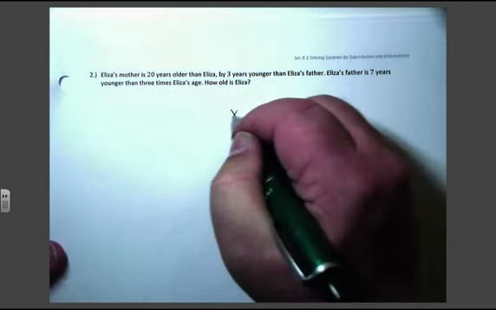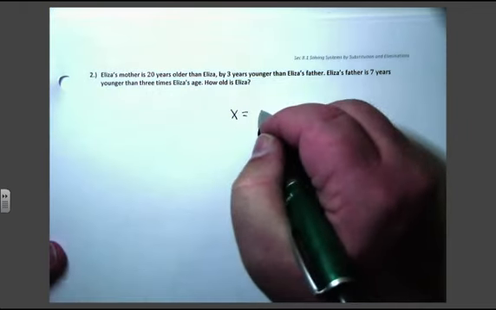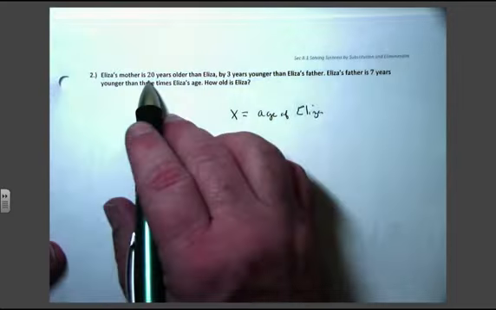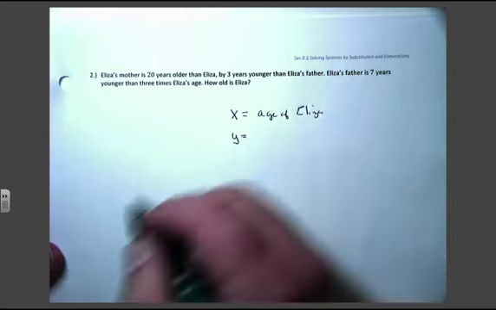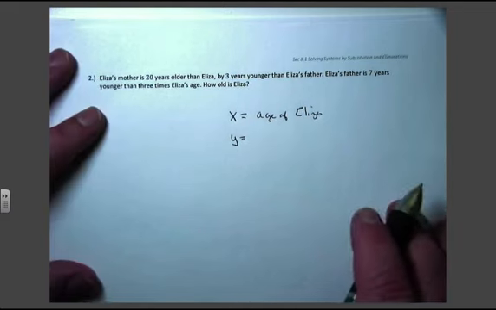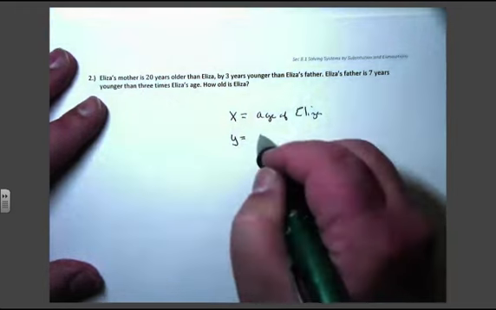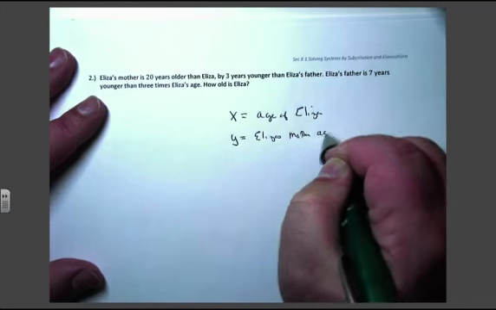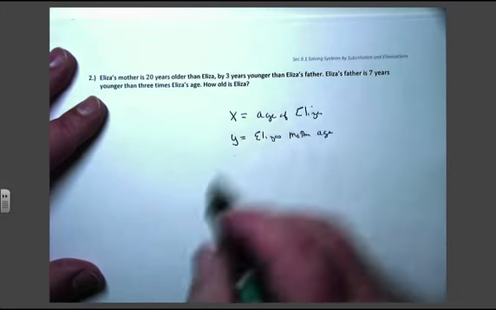So I'm going to let x be equal to the age of Eliza. Eliza's mother is 20 years older than Eliza, so I'm going to let y be equal to Eliza's mother's age.